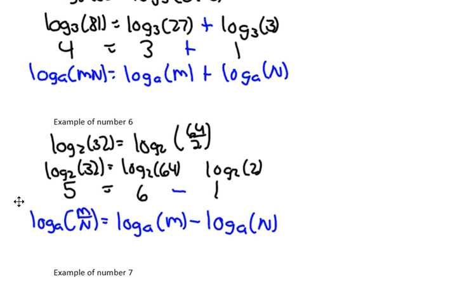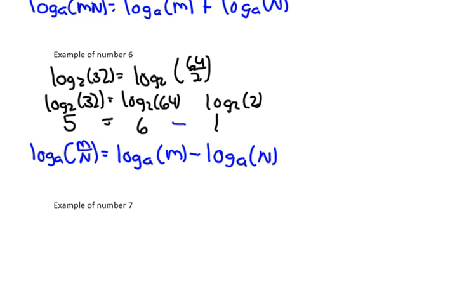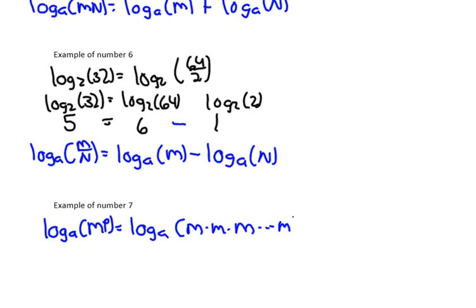Okay, so let's do something similar for number 7. Now I'm going to write out literally the original part. Now, an exponent is nothing more than repeated multiplication. So I can write this out as m times m times m dot dot dot m, p times.